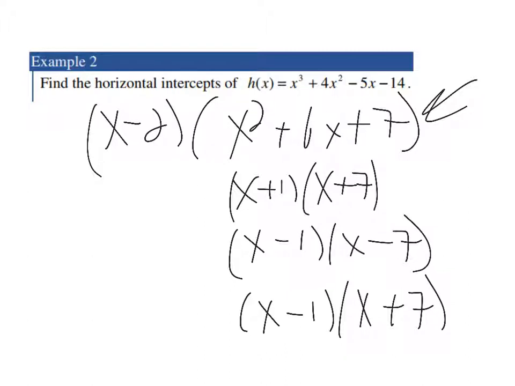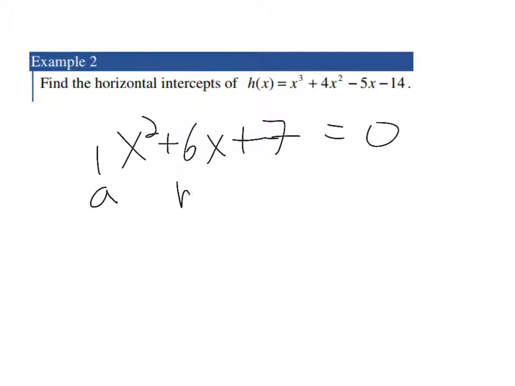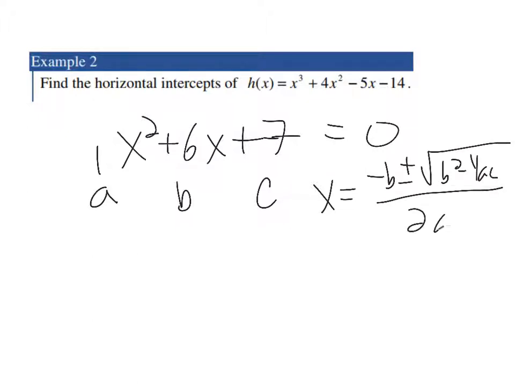So what we're going to do is some quadratic formula work here, or completing the square, whichever one you want to do. I'm going to use the quadratic formula to solve this equal to 0. So remember, a is 1, b is 6, c is 7, and the quadratic formula is x equals negative b plus or minus the square root of b squared minus 4ac all over 2a.